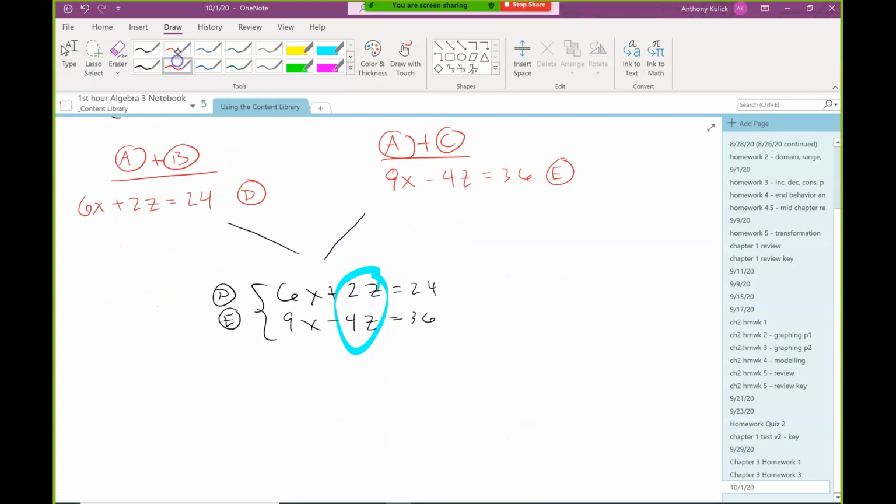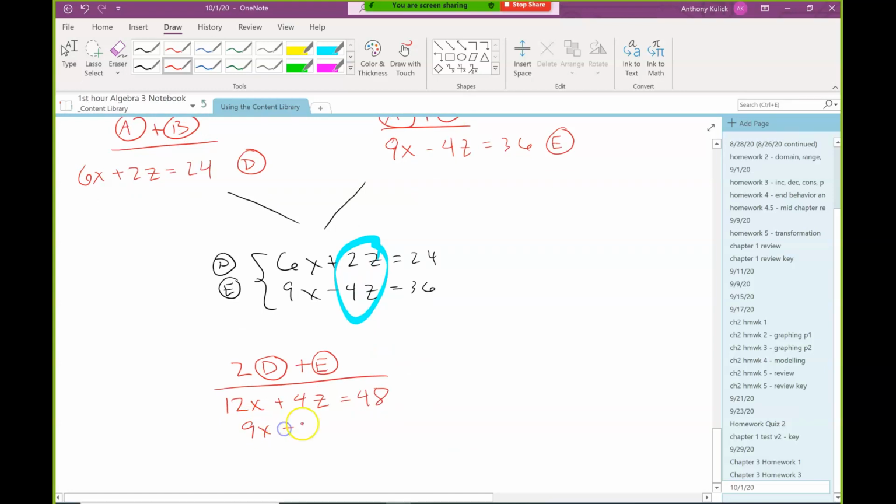So to get them to eliminate, I need to multiply equation D by 2. That'll give me a 4z that when I add it to a -4z will give me 0. So 2 times 6x is 12x, 2 times 2z is 4z, and 2 times 24 is 48.